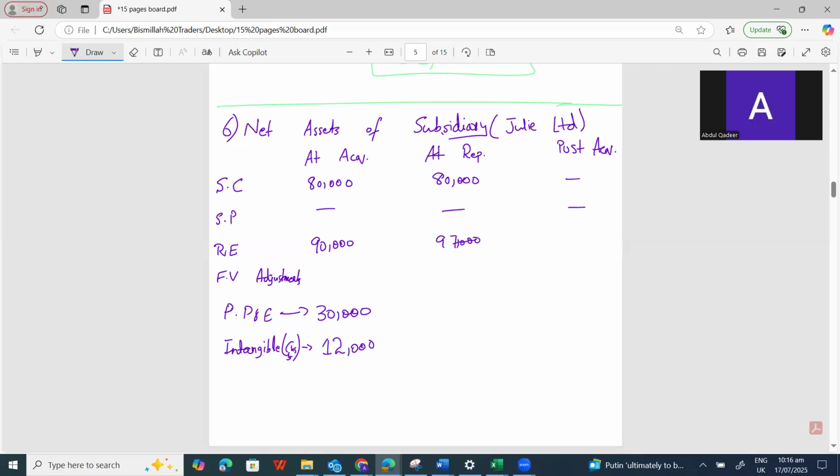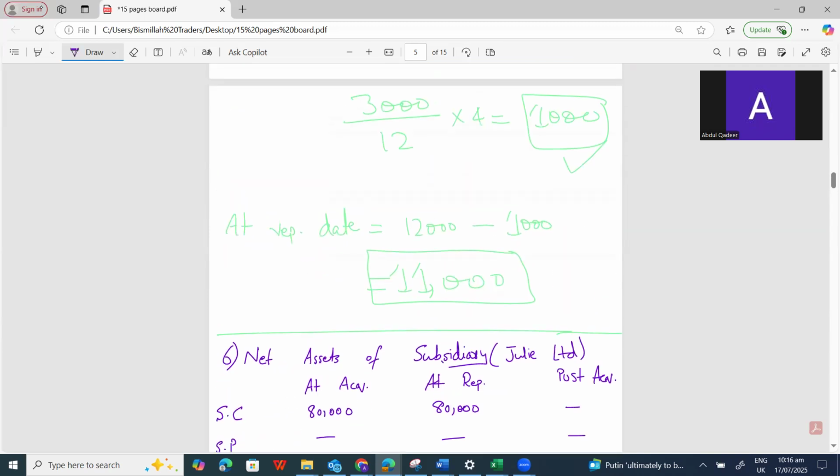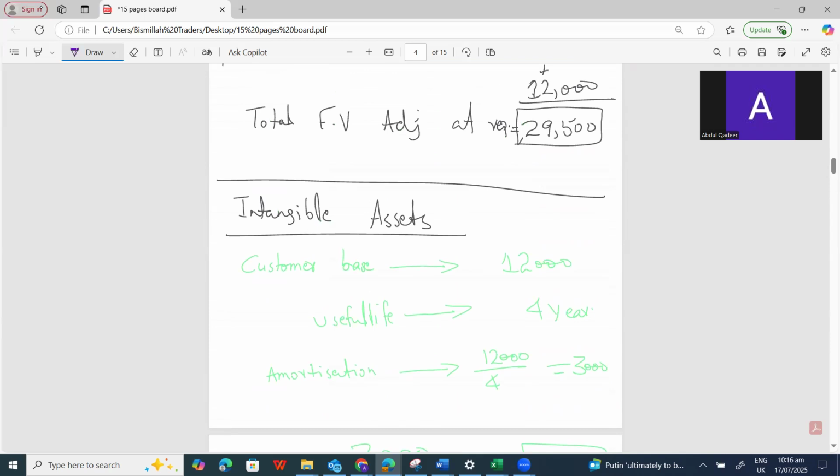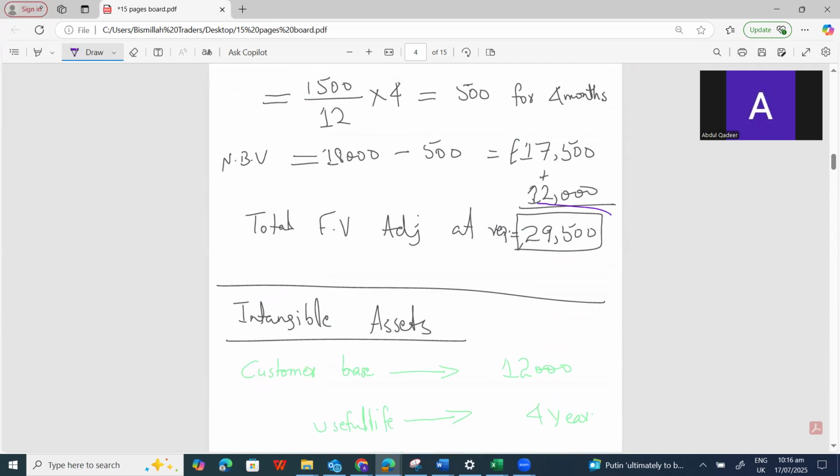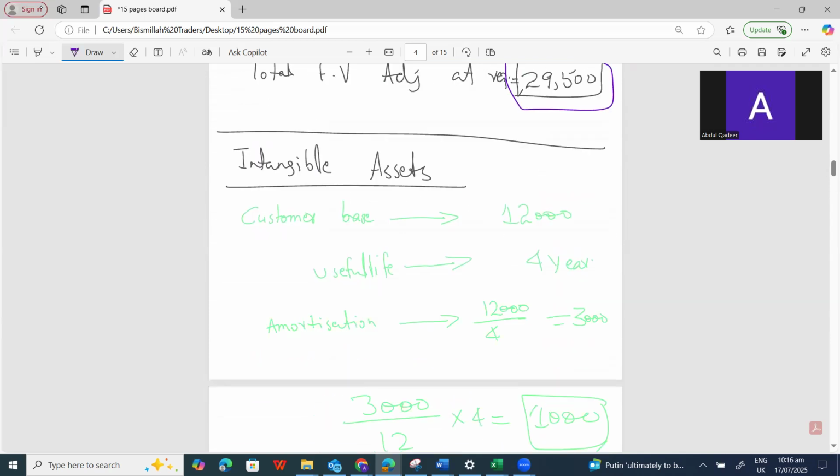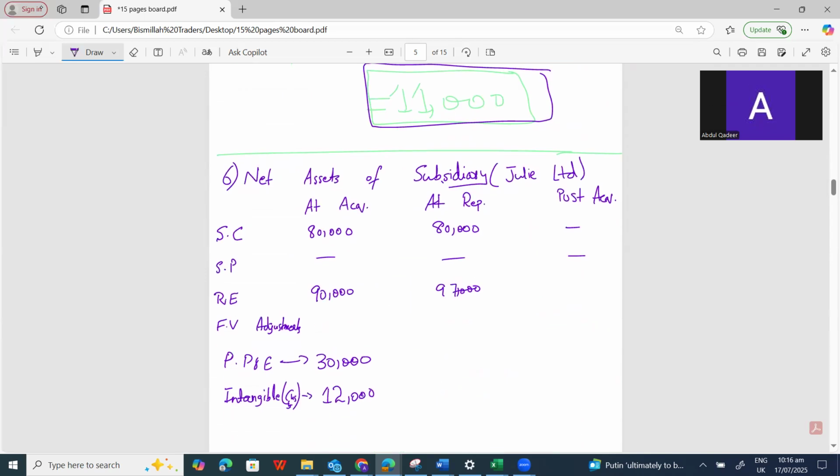Now we have calculated these at reporting date. For customer base it's 11,000, and for property, plant, and equipment 29,500.